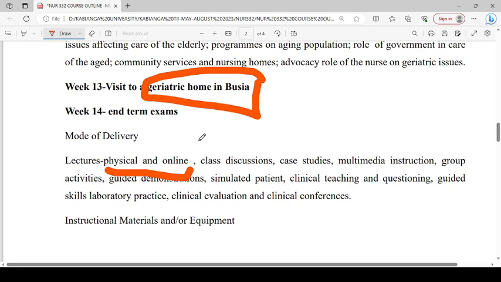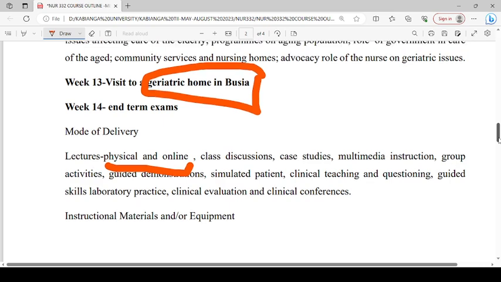Synchronous will have online virtual and also physical face-to-face sessions. So we are going to cover both. Class discussions, class case studies, multiple media, group activities, guided demonstrations and simulations will all fall in either the synchronous or asynchronous mode of teaching.